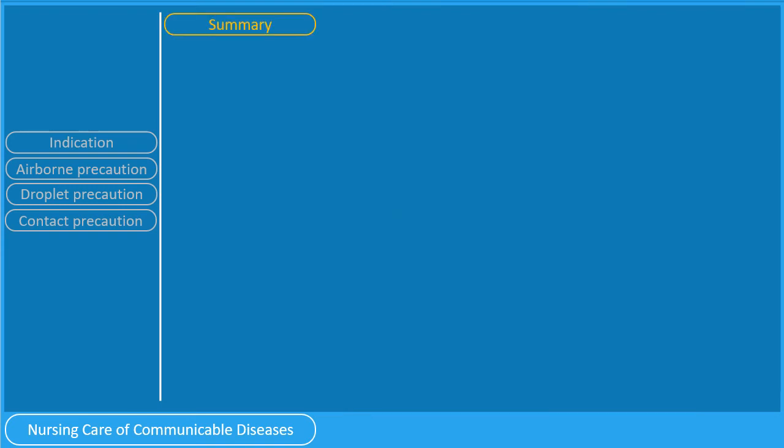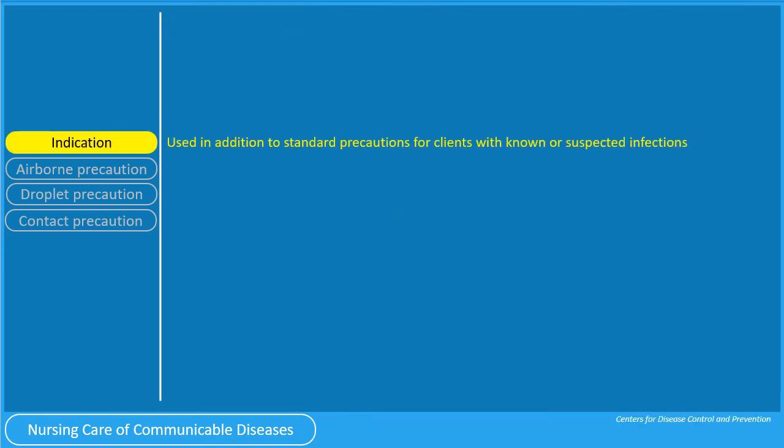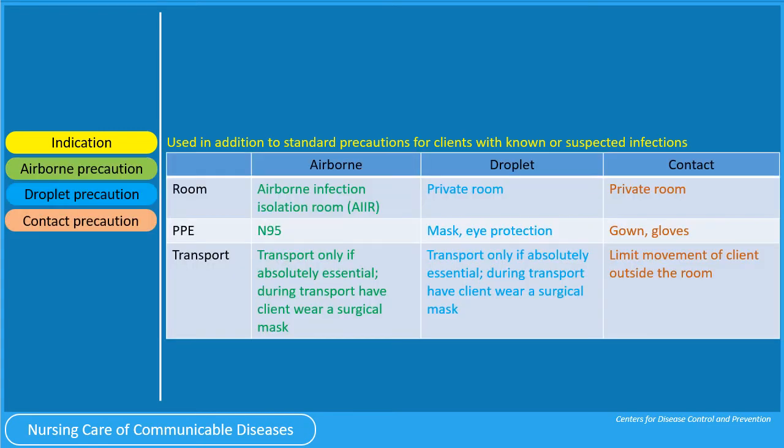So that's it. Let us summarize. The transmission-based precautions are used in addition to standard precaution for clients with known or suspected infections. All patients must be placed in a single room. For airborne precaution, an AIIR is used, but for droplet and contact, a private room is sufficient. If a single room is not available, patient may be roomed in with a client with the same microorganism.